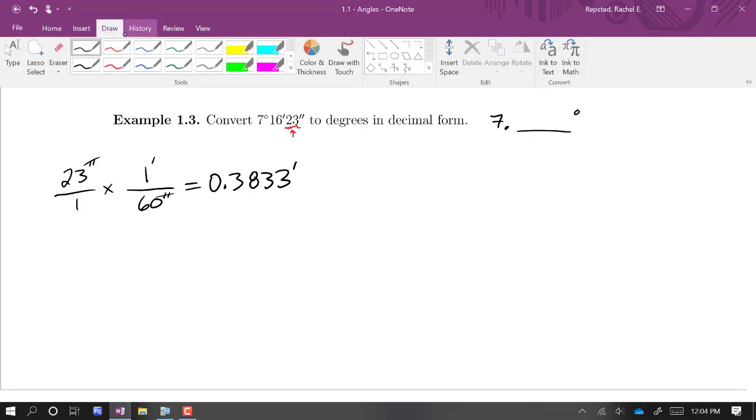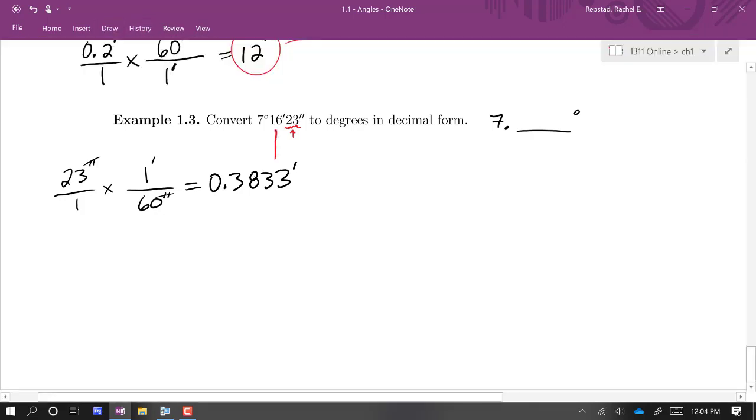So what I'm going to do is add that fraction of a minute to the 16 minutes that we already have. So we have 16.3833 minutes in that fraction of a degree. So I'm going to take 16.3833 minutes and convert that to degrees. 60 minutes to 1 degree.